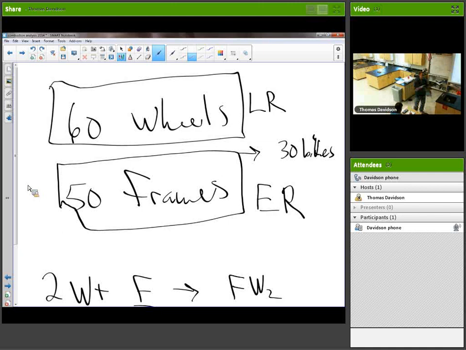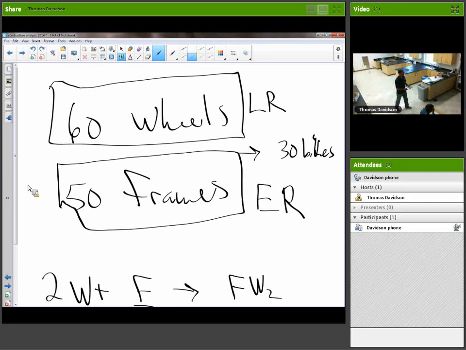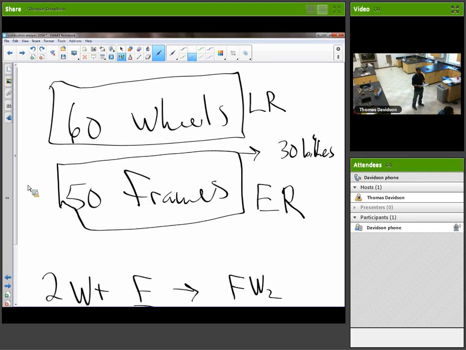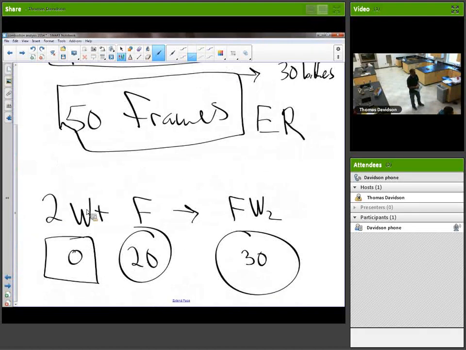Everything we do with a limiting reactant problem is exactly the same as that. It's just going to seem a lot more complicated because we're not making bikes. We're making stuff with really long formulas. If we were to write out the formula for this reaction, 2 wheels plus 1 frame goes to frame wheel 2. Can you kind of get that?